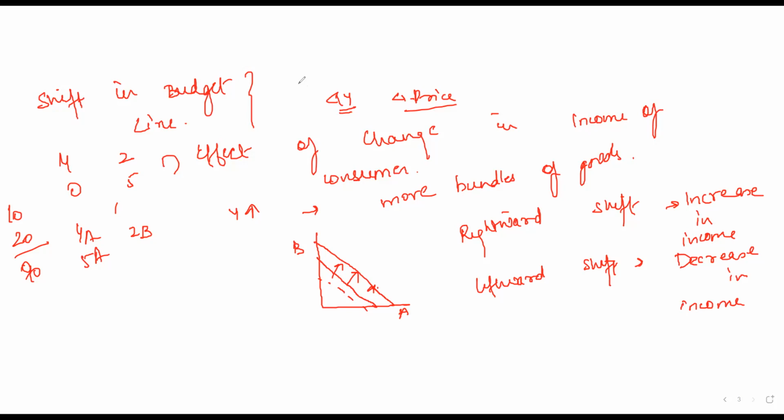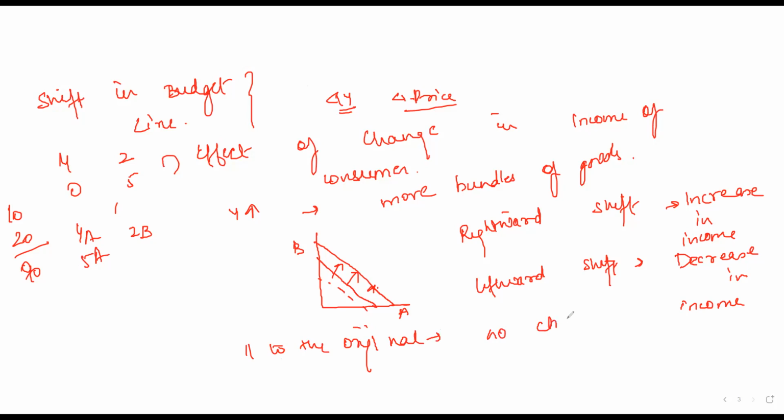Now, why is this new budget line parallel to the original budget line? Have you ever thought? Because there is no change in the slope. The most important thing is this is parallel to the original because the slope remains the same.